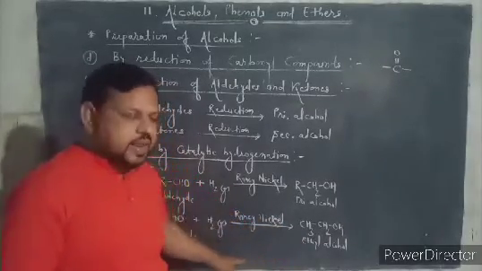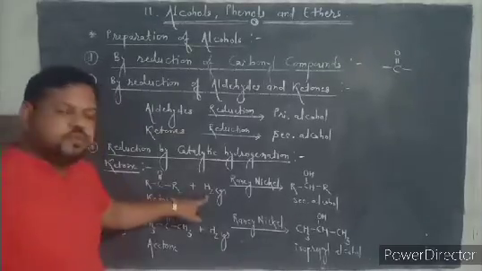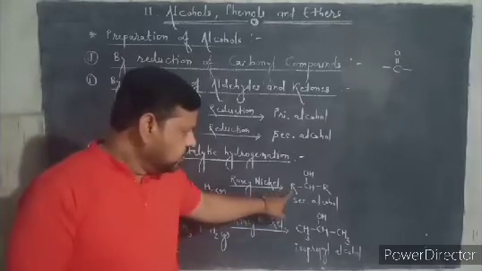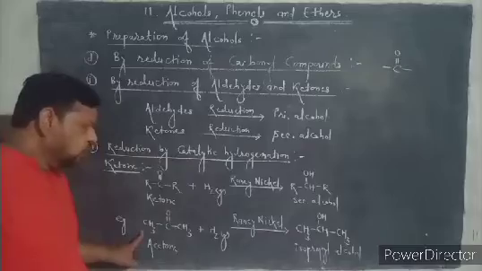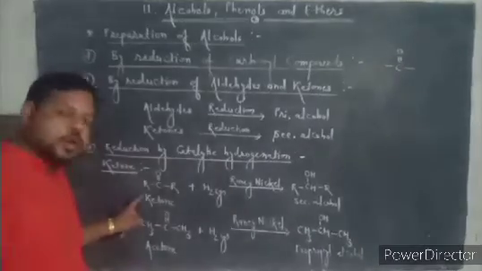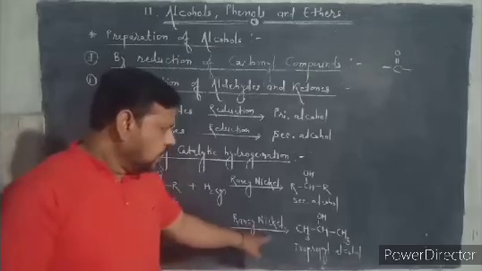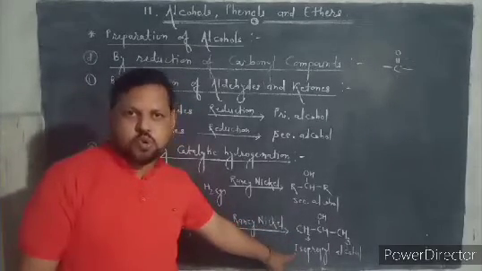Then ketone reacts with hydrogen gas in presence of Raney nickel, then it gives the secondary alcohol. For example, acetone, this is an example of ketone. It reacts with hydrogen gas in presence of Raney nickel, then it gives isopropyl alcohol.